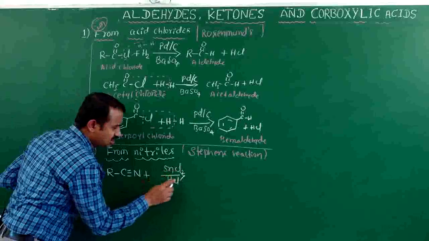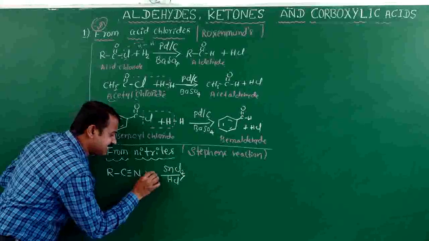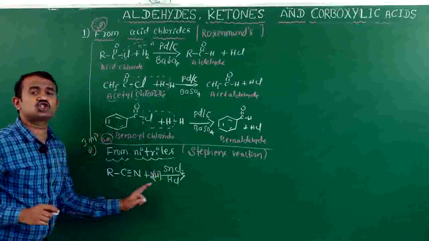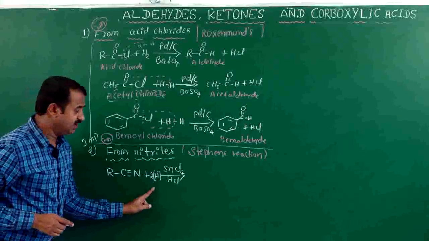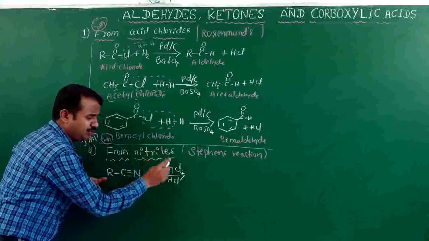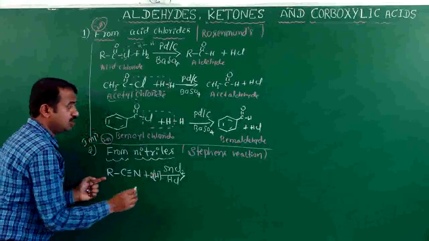Okay, stannous chloride in presence of hydrochloric acid. It is a reducing agent, it gives 2 hydrogen. Okay, that is a reduction.